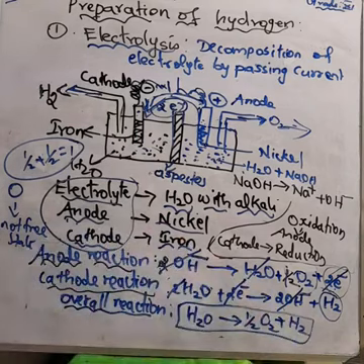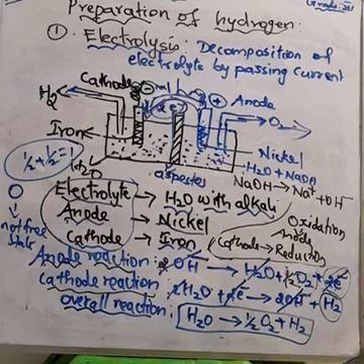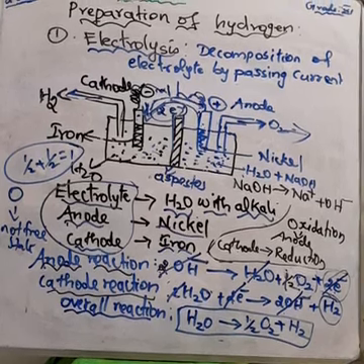Oxygen gas escapes as a byproduct and we can prepare the hydrogen. Understood? This is the preparation of hydrogen by the electrolysis process.